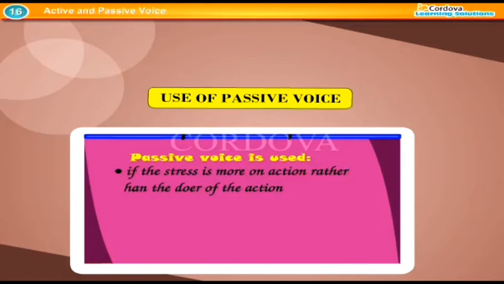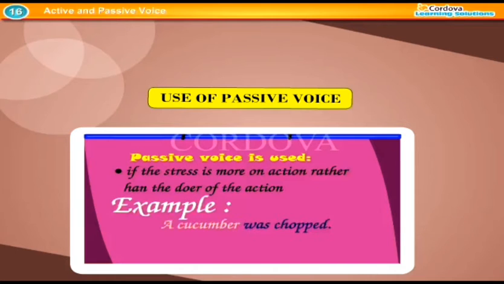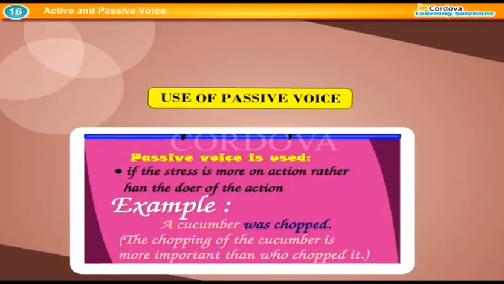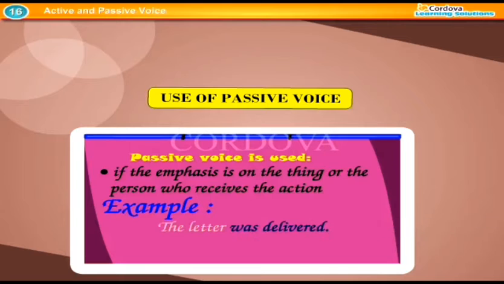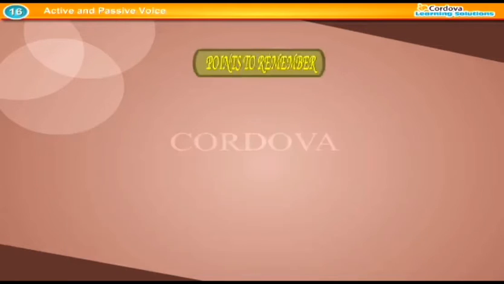If the stress is more on action rather than the doer of the action, example, a cucumber was chopped. The chopping of the cucumber is more important than who chopped it. If the emphasis is on the thing or the person who receives the action, example, the letter was delivered. The letter is given importance.